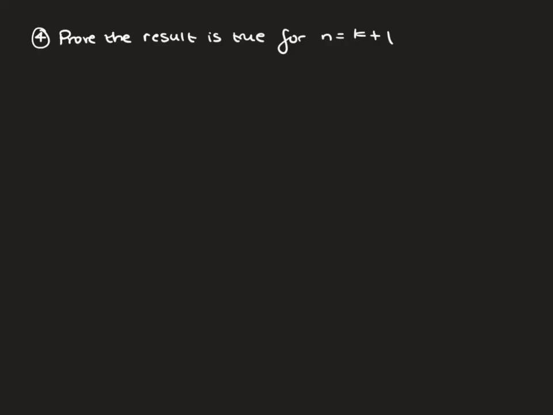So now let's prove that the result is true for n equals k plus 1. So let's think about the left-hand side, of course, which is the sum between r equals 1 and k plus 1 of 1 over 2r minus 1 to r plus 1. Now, we know that we can split this up into the sum between r equals 1 and k, like this.